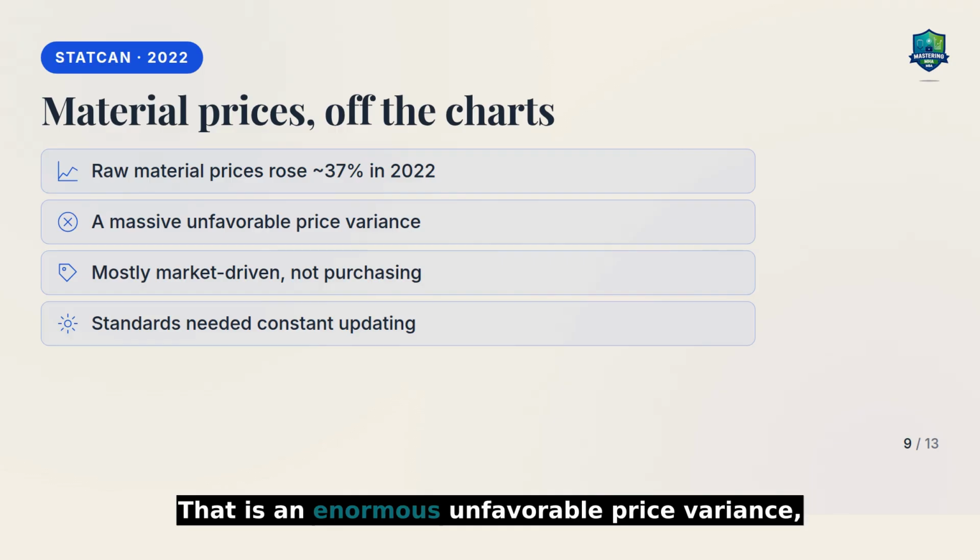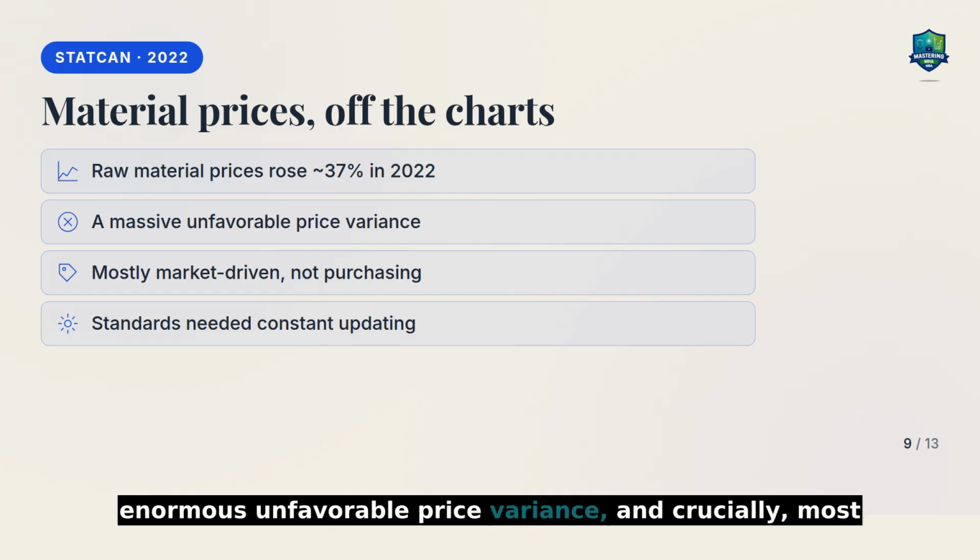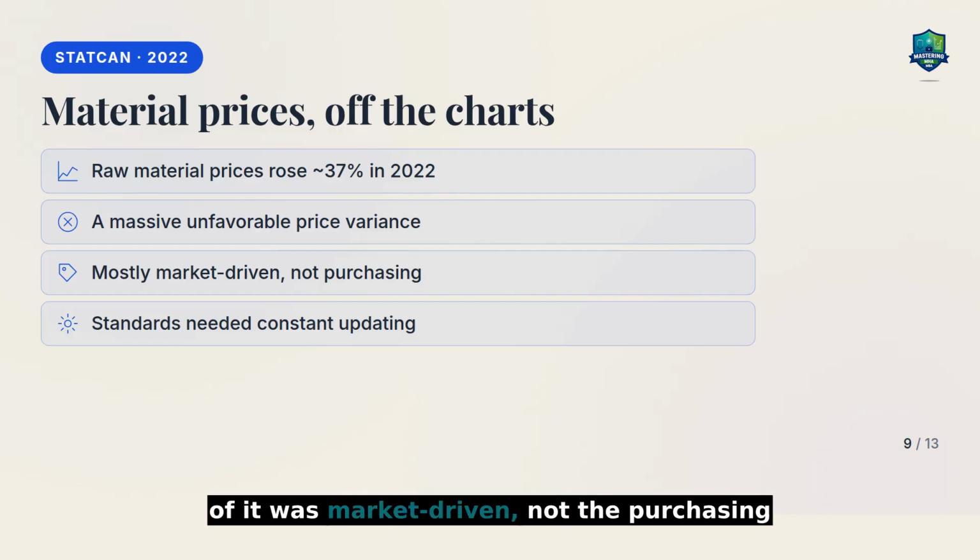That is an enormous unfavorable price variance, and crucially, most of it was market-driven, not the purchasing team's fault. This forced a hard lesson. When prices move that fast, the standard price built into your budget becomes stale within weeks, and companies had to update their standards far more often than the traditional once a year.